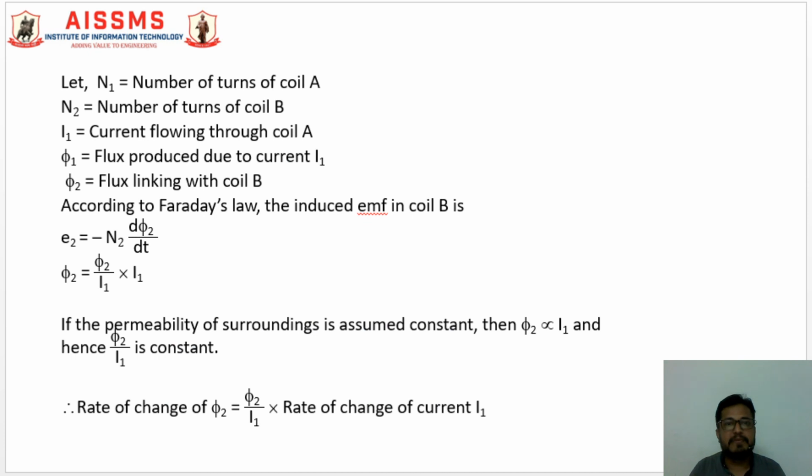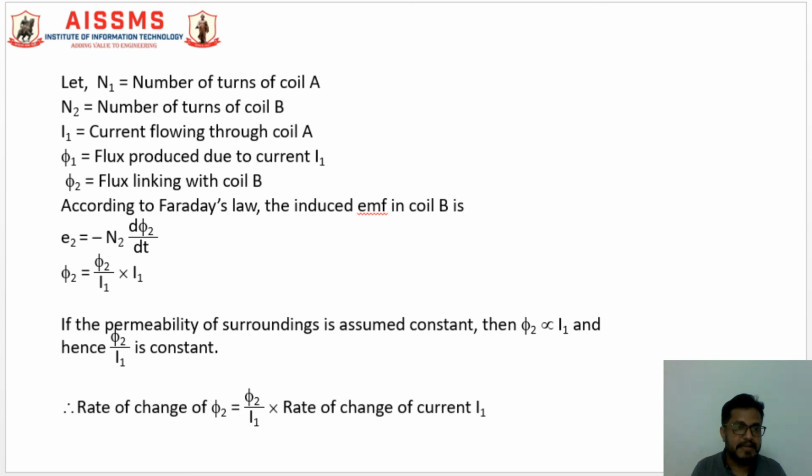Let N1 be the number of turns of coil A, N2 the number of turns of coil B, I1 the current flowing through coil A, phi1 the flux produced due to current I1, and phi2 the flux linking with coil B. According to Faraday's law of electromagnetic induction, the induced EMF in coil B is E2 equal to minus N2 into d phi2 by dt.